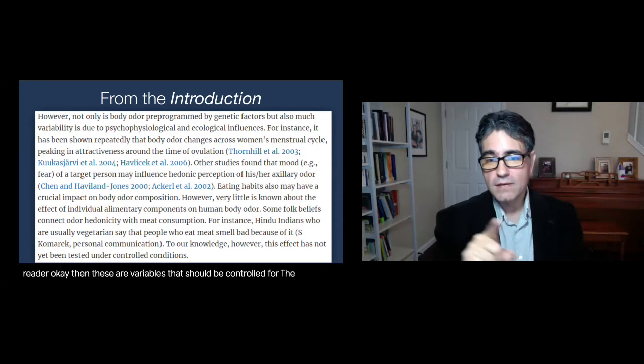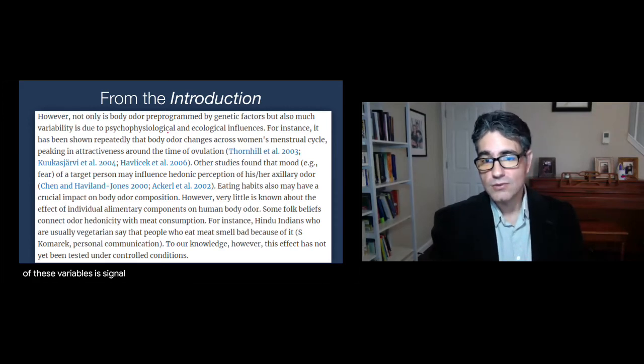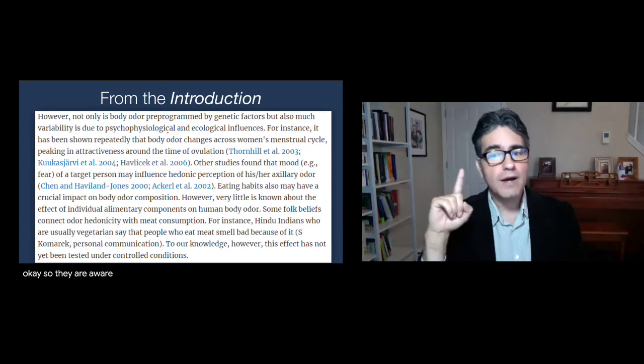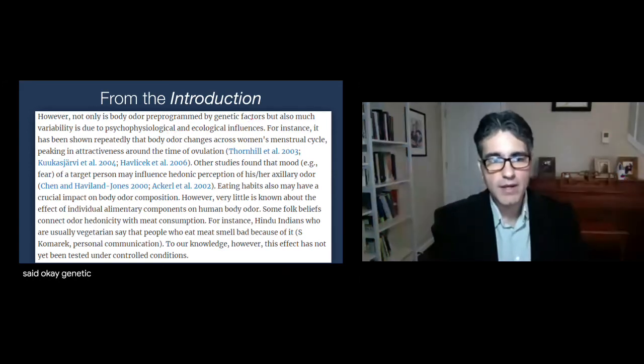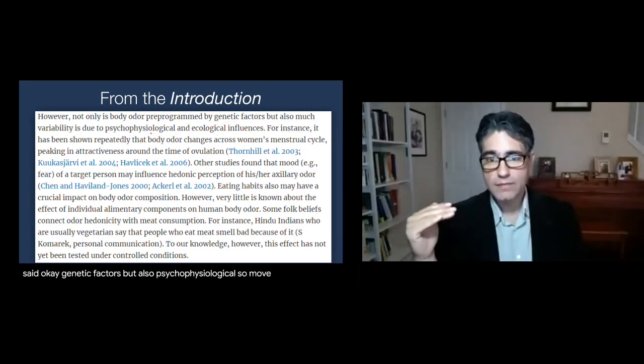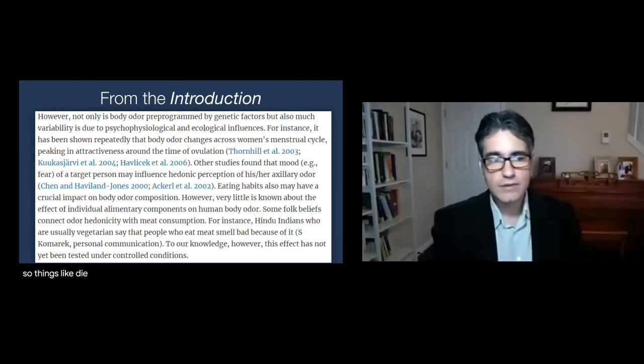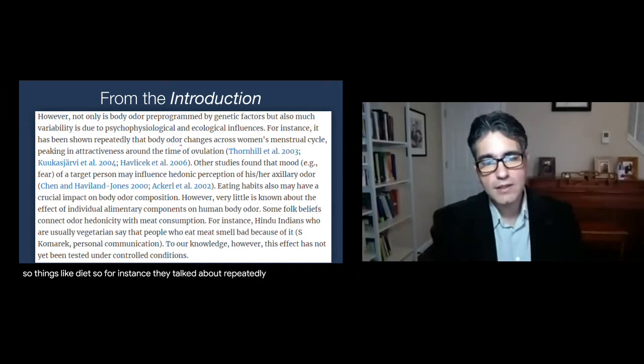Also, the mention of these variables is signaling to the critical reader, the expert in the area, that, okay, so they are aware of the variables that can affect smell. So they've already said, okay, genetic factors, but also psychophysiological, so mood, and ecological, so things like diet. So for instance, they talk about how it has been shown repeatedly that body odor changes across women's menstrual cycles.